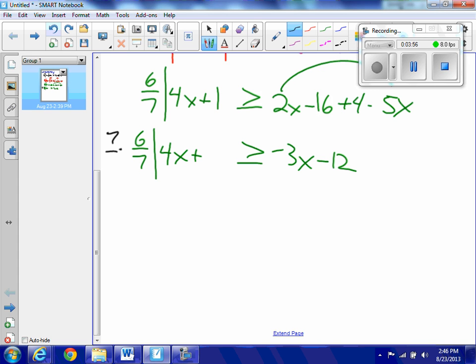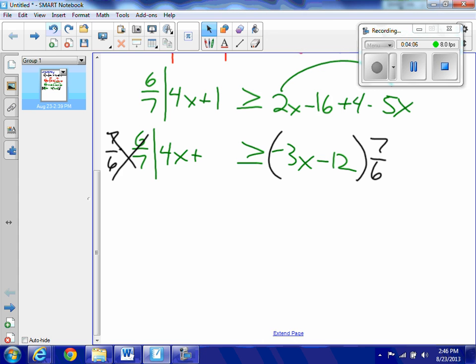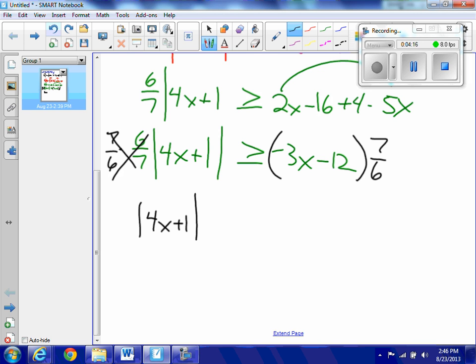I'm going to multiply it by 7/6. And I have to do this to the whole side by 7/6. So this is going to go away. And I'm left on this side with absolute value of 4x plus 1.